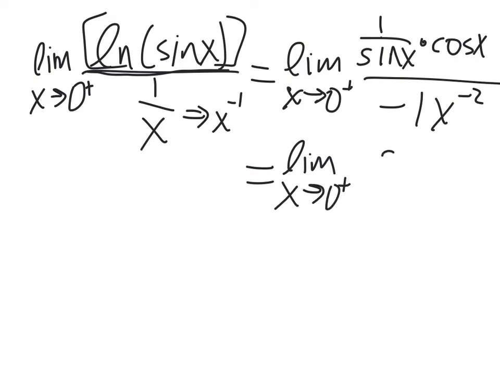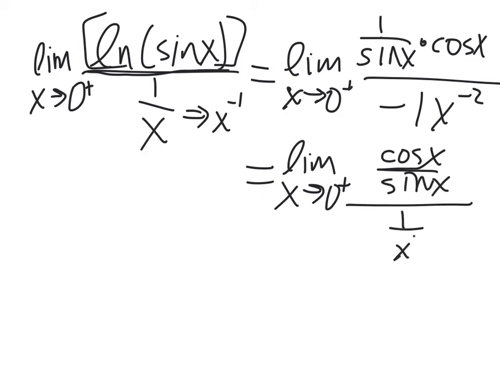We'd have cosine x over sine x all over negative 1 over x squared, which we would then need to invert and multiply our denominator.